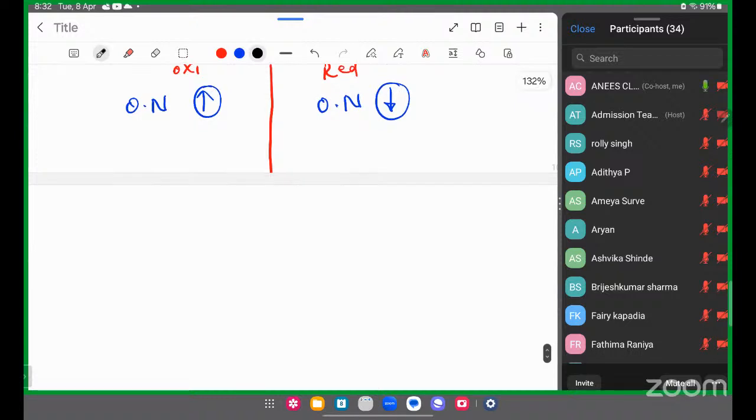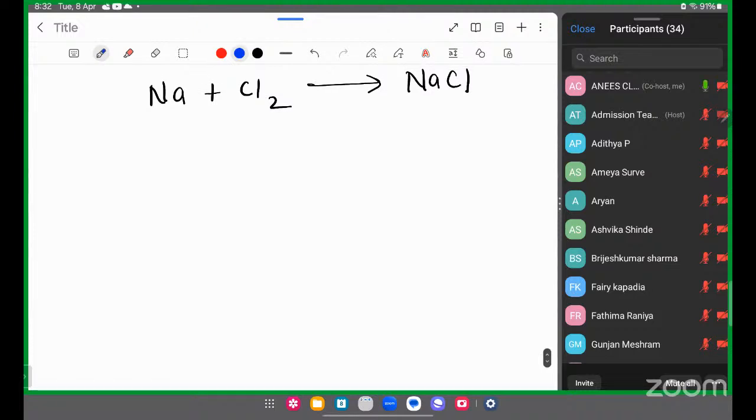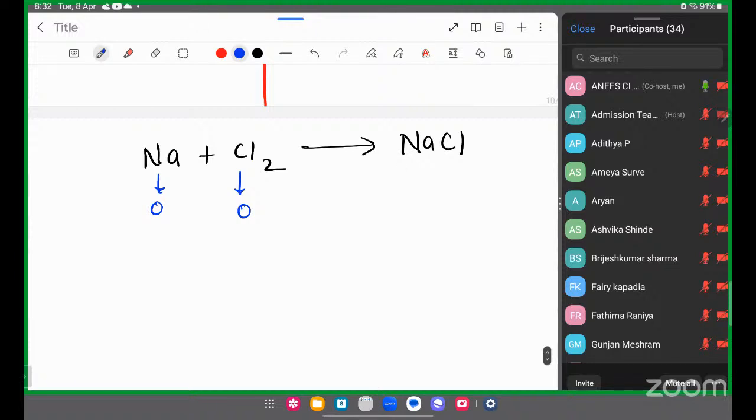Let's look at the reaction of NaCl in terms of oxidation number. In this reaction, sodium is in its natural form, its oxidation number will be 0. Chlorine is also in its natural form, its oxidation number will be 0. But after reaction, sodium is in +1 form.